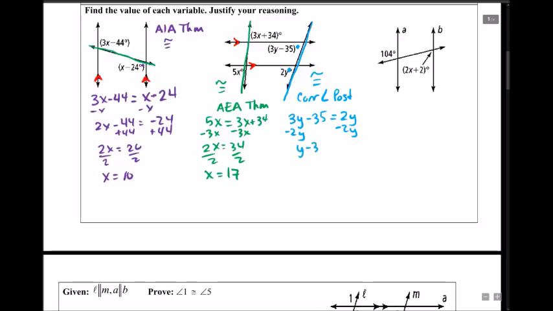I get y minus 35 equals, what's 2y minus y? It's just 0. 0 is a number. Don't be afraid of 0 in an equation, because now I'm going to add 35 to both sides. 0 works. 0 is just a number. We like all numbers. So now y equals 35.